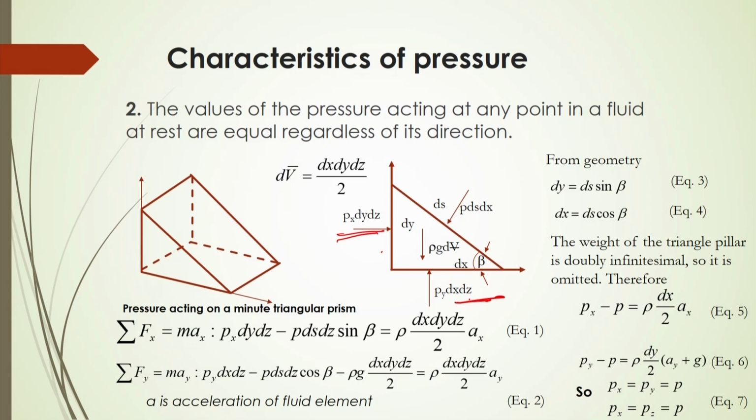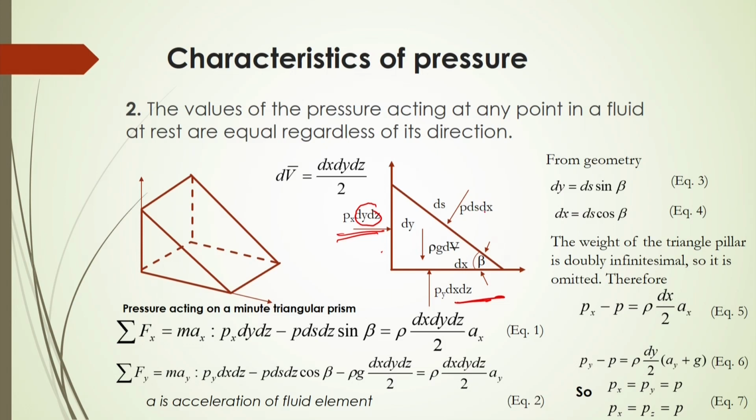dx dz is called the minute area, and here dy dz is also a minute area in the x direction. And another force acts on this inclined surface of the fluid, perpendicular to the surface.